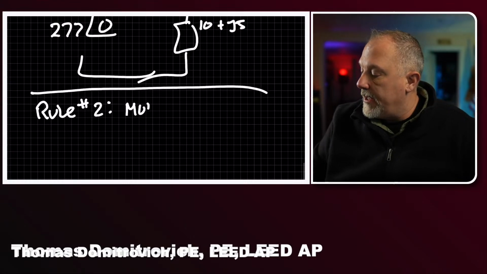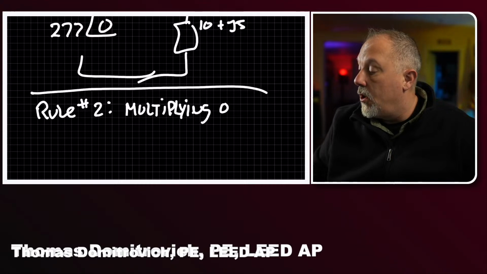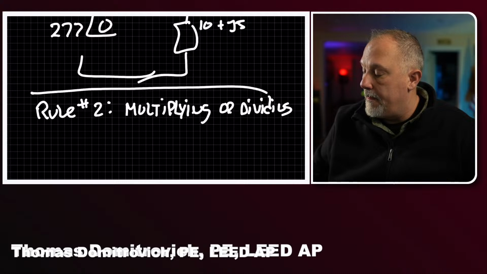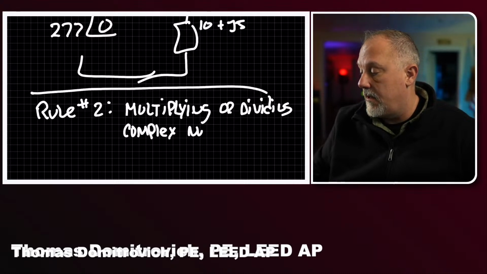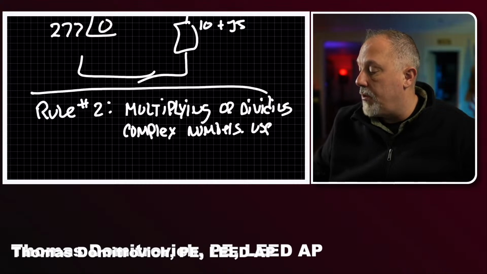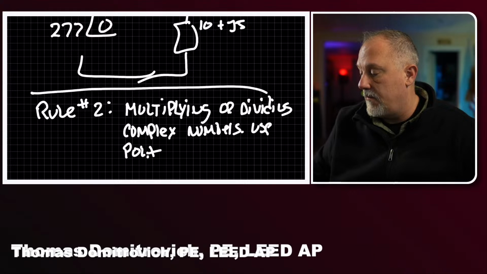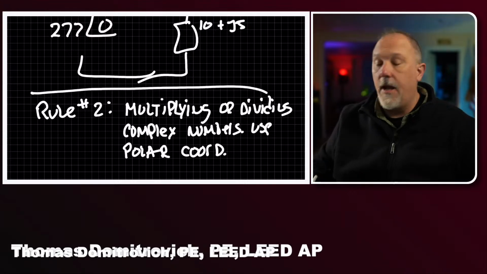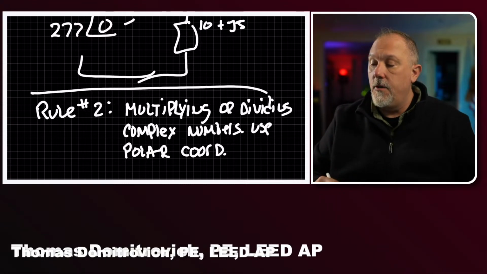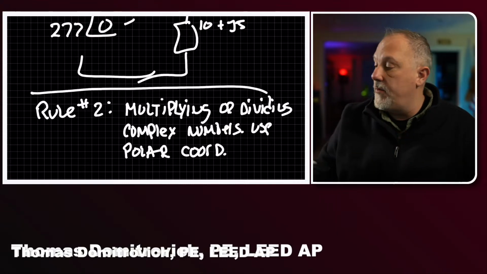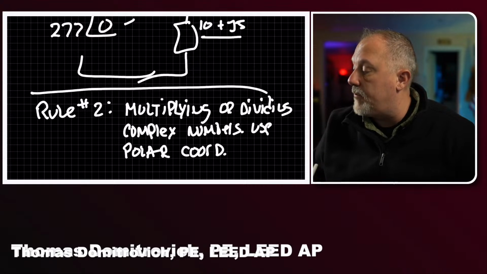When multiplying or dividing complex numbers, use polar coordinates. And remember, this is polar, angle of 0. So what you would want to do with this is convert this to polar.